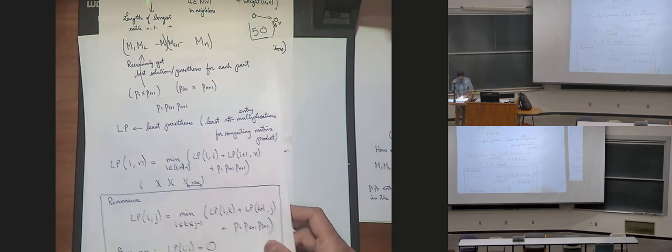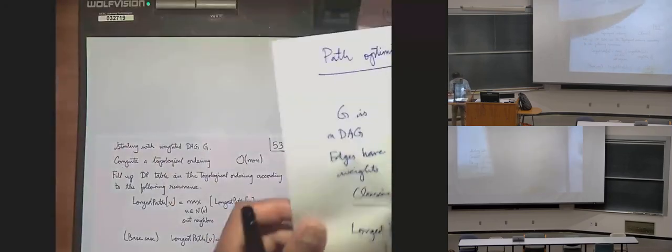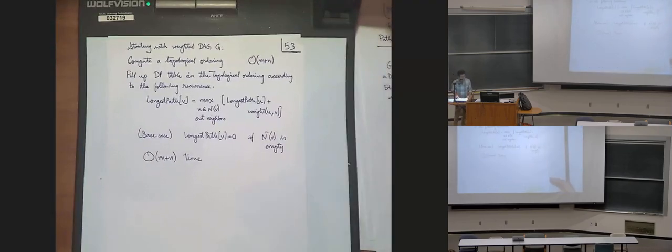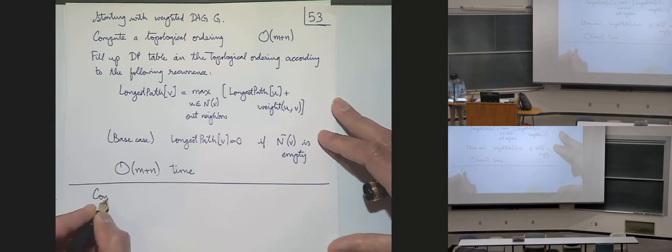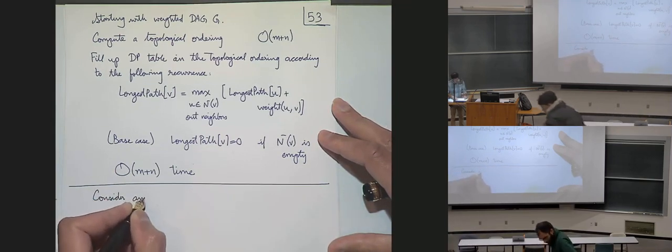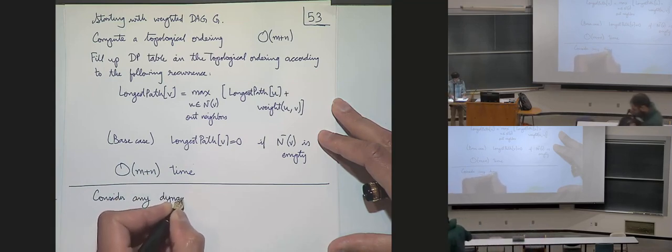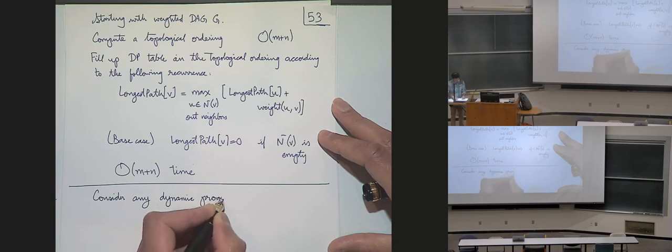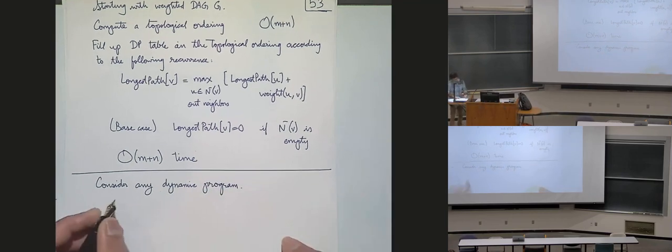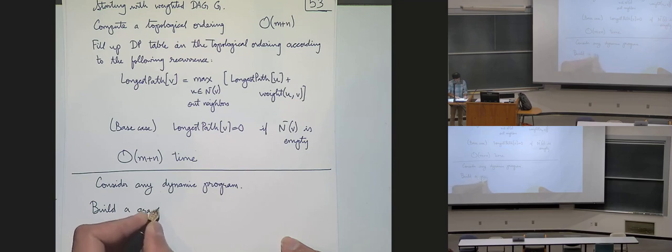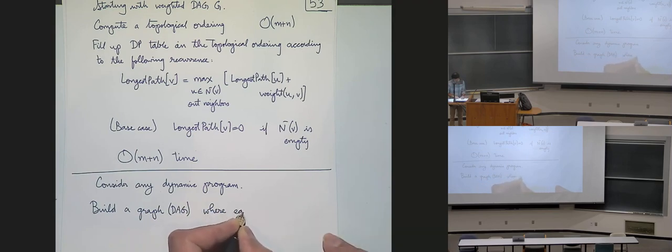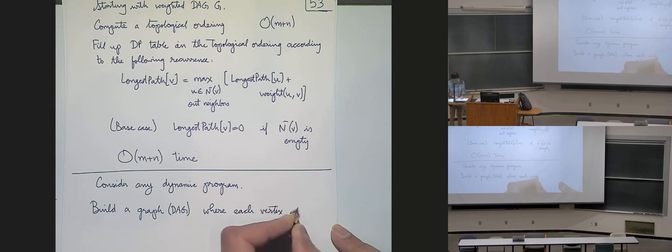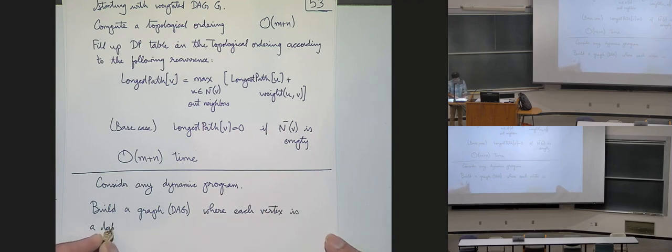Okay, so let me write this down. Consider any dynamic program. Build a graph, actually it's going to be a DAG, where each node, I'll say vertex, is a table entry.